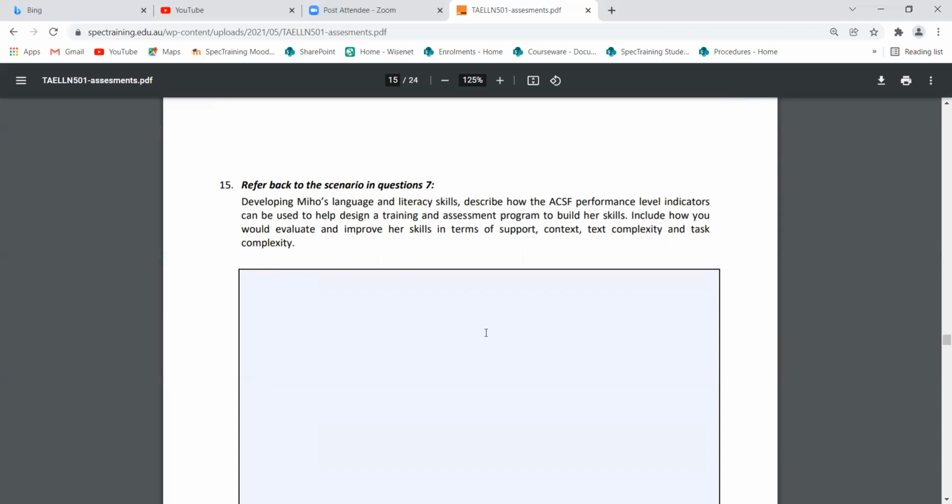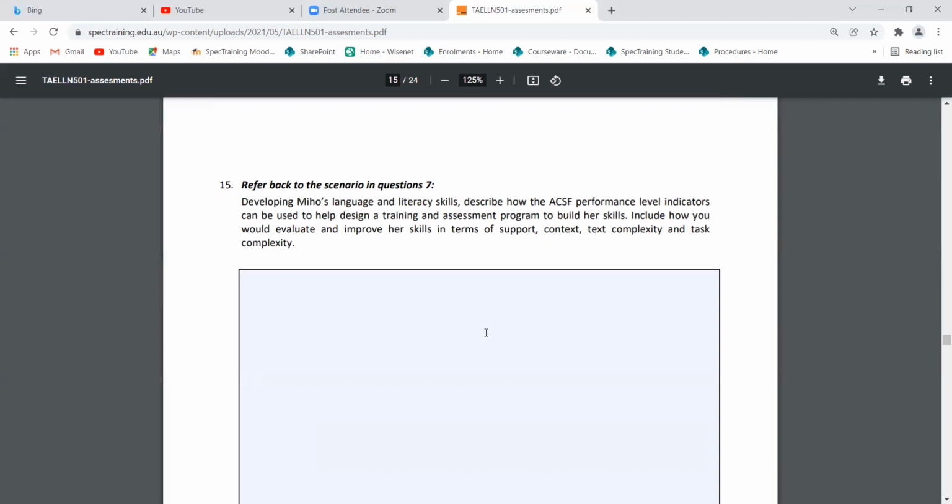Okay, so what I suggest that you do is go back to the scenario, have a think about what would be the requirements for her job role, and then also think about, well, what are her current skills, and you may need to make some guesses about that, and then think about based on the ACSF, what level indicators would you give her?